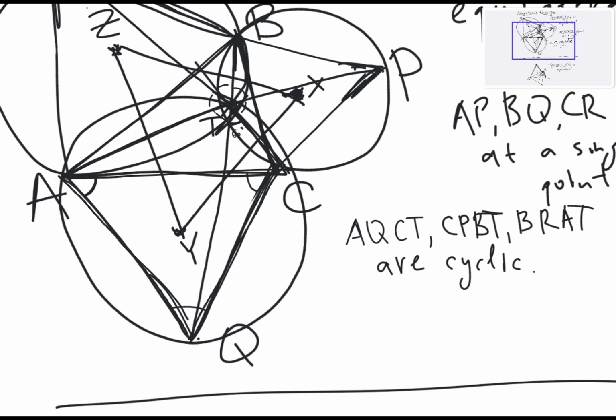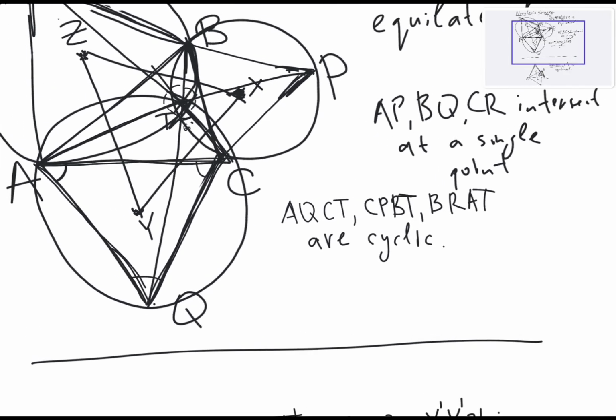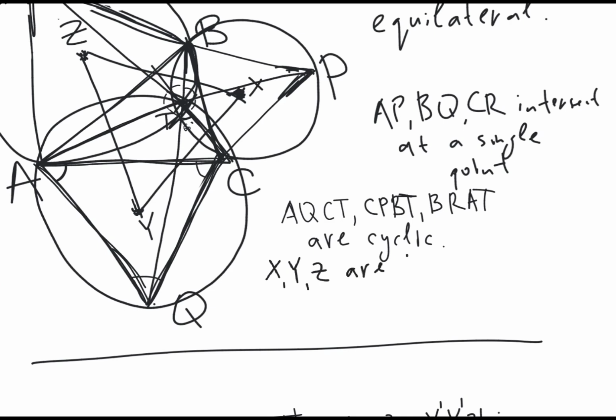So X, Y, and Z are the centers of the triangles, but since these are the circumcircles of the equilateral triangles, they are also the centers of the circles.